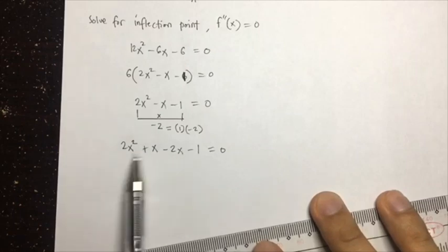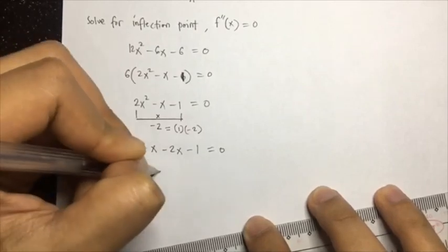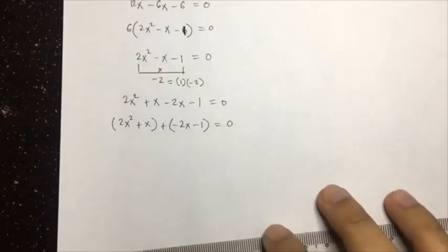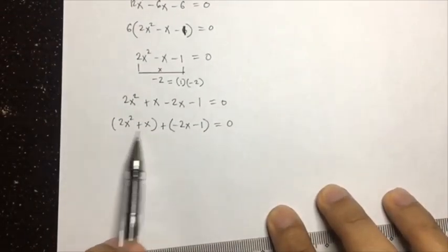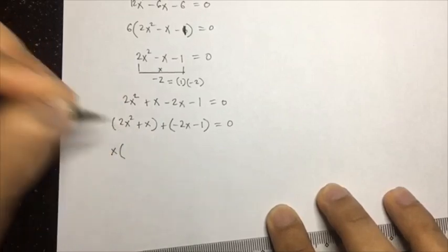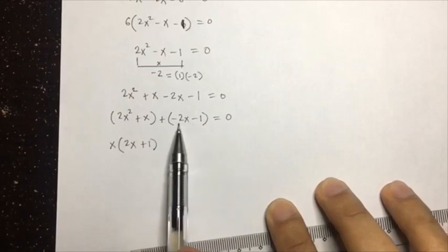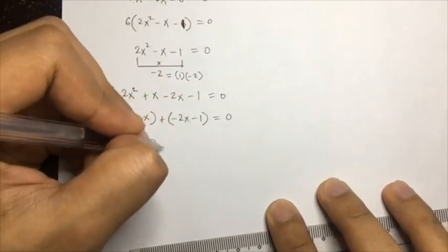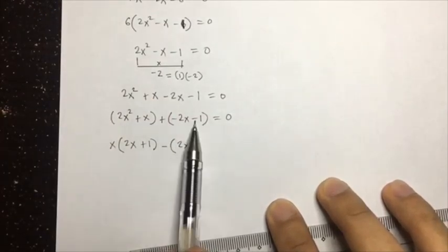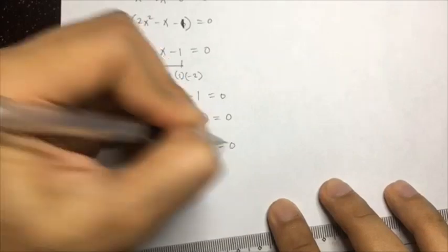So grouping this, we'll have 2x squared plus x plus negative 2x minus 1 is equal to 0. Getting a common factor for the first group, the greatest common factor is x. What will remain here is 2x plus 1. Here the greatest common factor is negative 1, so minus, and inside the parentheses it will be 2x and then plus 1, because we factored out the negative, is equal to 0.